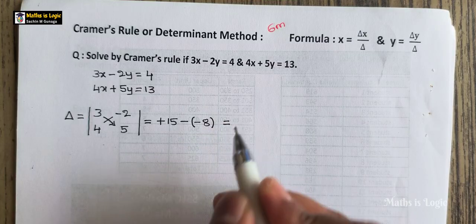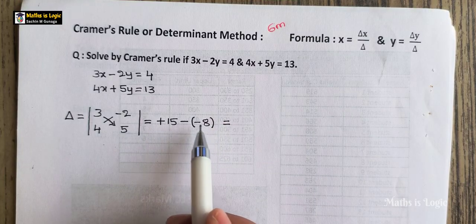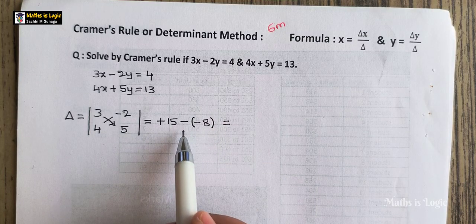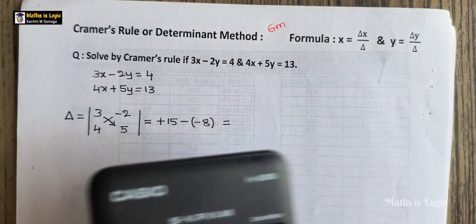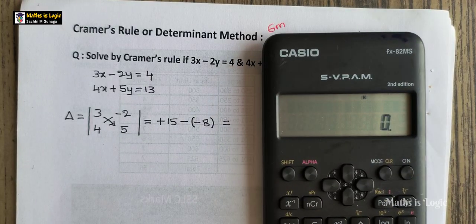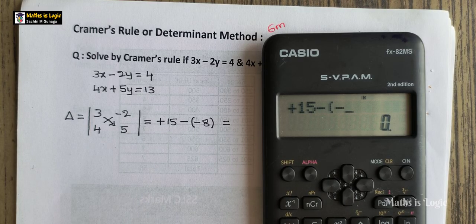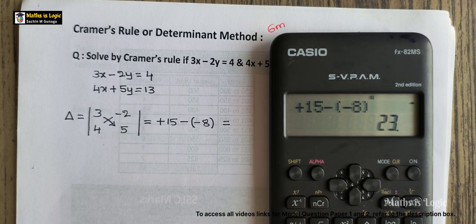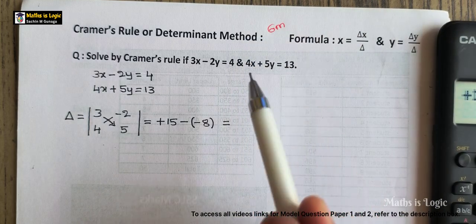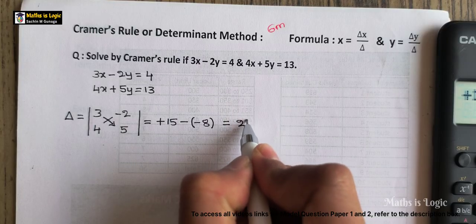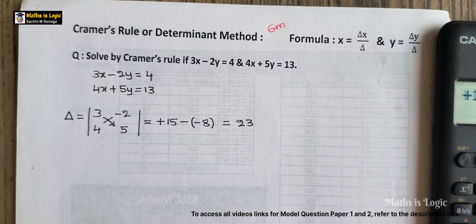By opening the bracket you can do the simplification, otherwise directly use the calculator. So plus 15 minus of in bracket minus 8 is equal to, what is the answer? 23. So this is the value of delta.